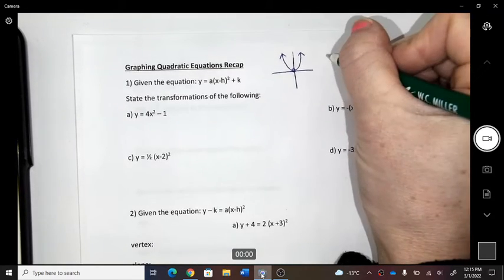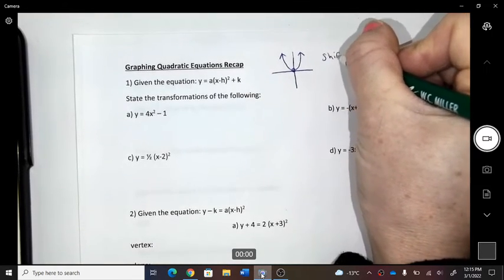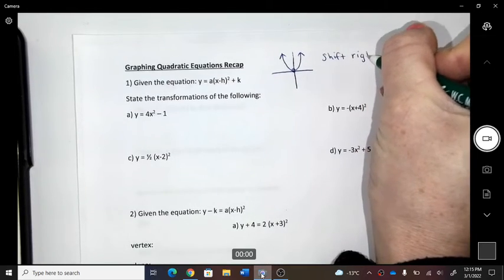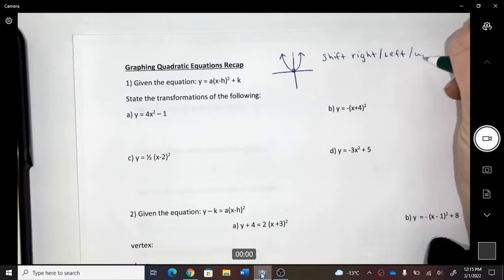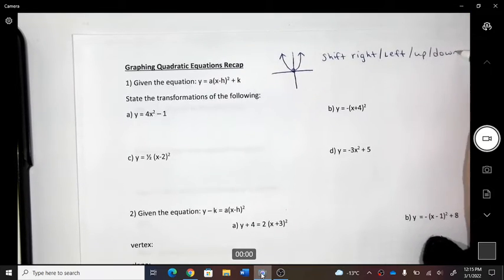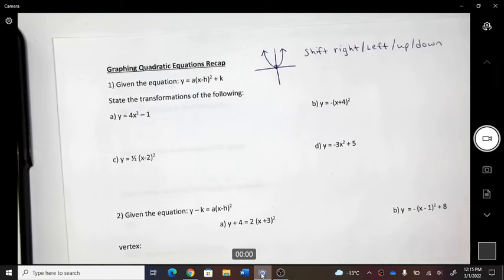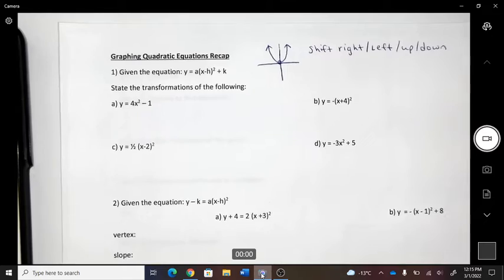We could shift right or left or up or down. Okay, we could move that around. We could shift in any direction. What else can we do to this?